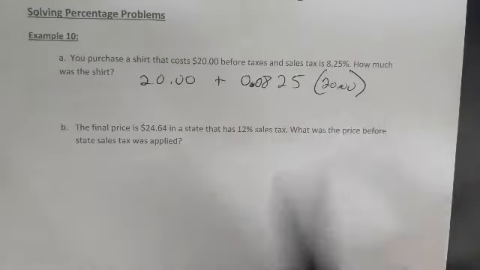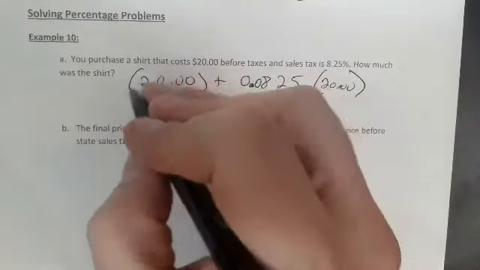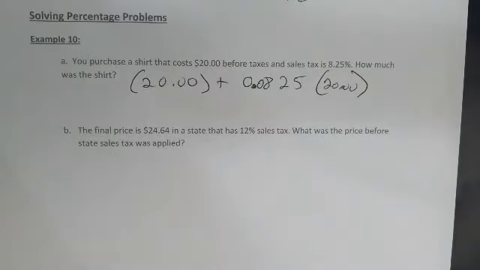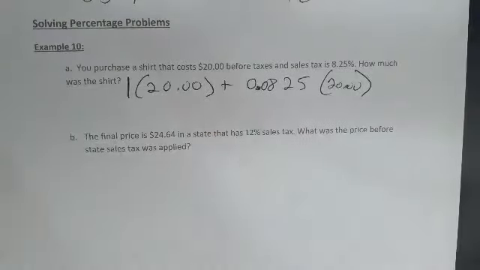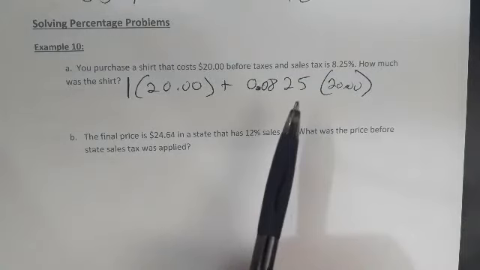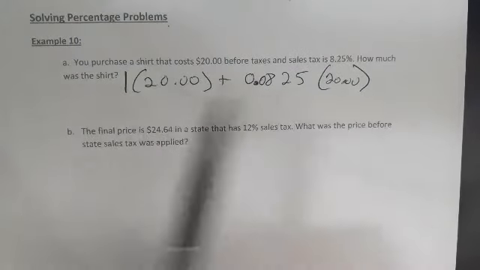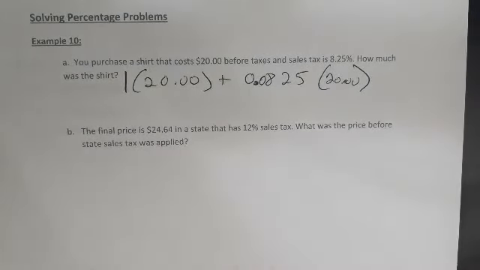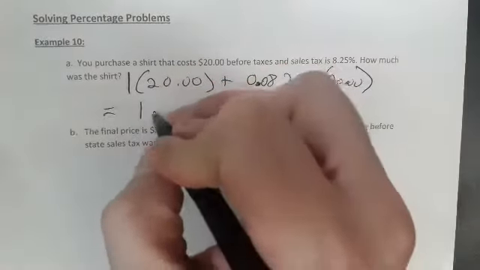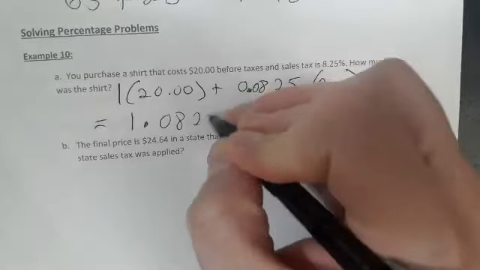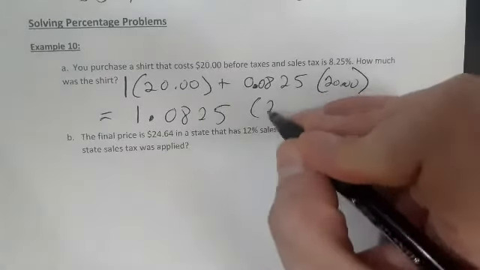I have this and this. And like I said, if I want to multiply by something that doesn't change anything, I can always put a 1 here. So if you wanted to do this, the 8.25% of 20 and add it back to 20, that is absolutely one way that you can do this. I want to show another way: you can take 1.0825 of the $20.